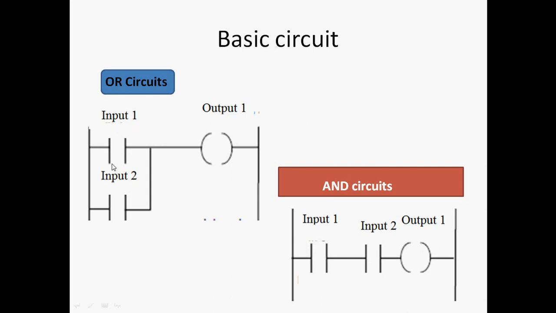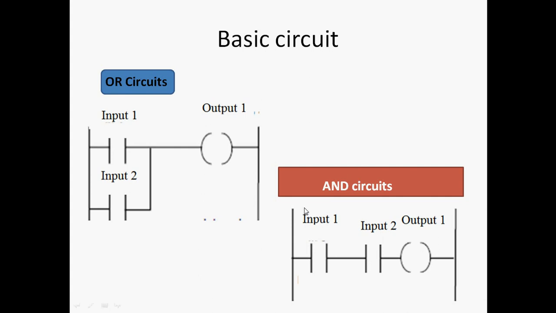Similarly for input 2. If input 1 is absent, or 0, but input 2 is 1, then output 1 should still be on. This is the OR circuit. OR circuit means any one of the switches, input 1 or input 2, can turn on output 1. So this is the basic circuit for OR.